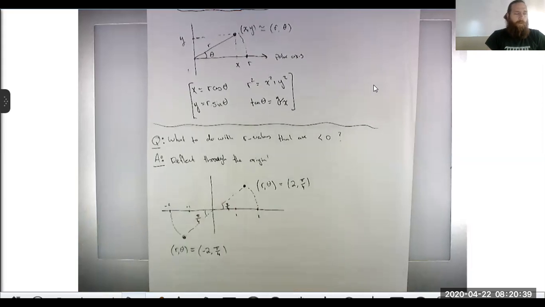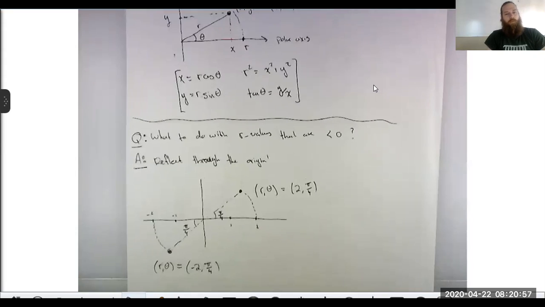What this means, and we mentioned this last time, but we didn't do many calculations, is that polar coordinates are not unique. If you give me a particular point, I can come up with many sets of polar coordinates that get you to that point. And they're not unique in more than one way.